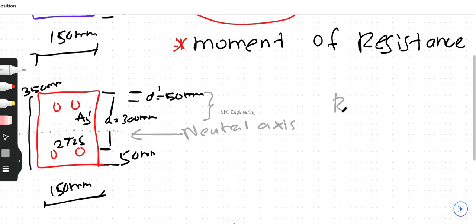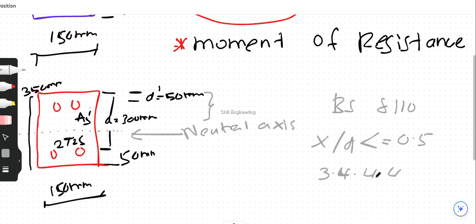According to BS 8110, the maximum depth for the neutral axis for the yield of the reinforcement is x. We have to maintain x over d below or equal to 0.5. We can check it in clause 3.4.4.4. You can check it.